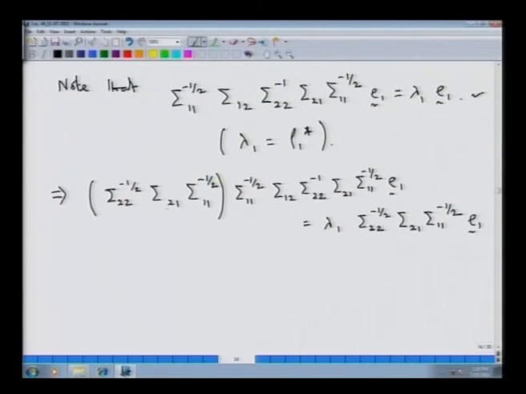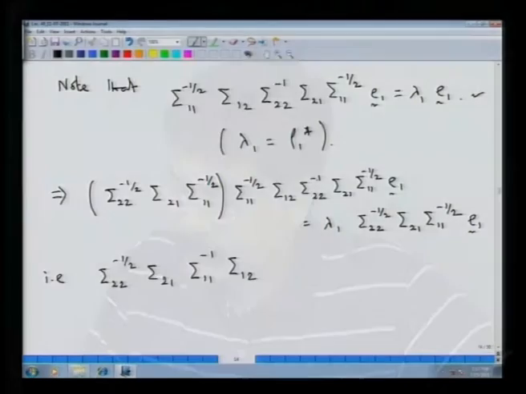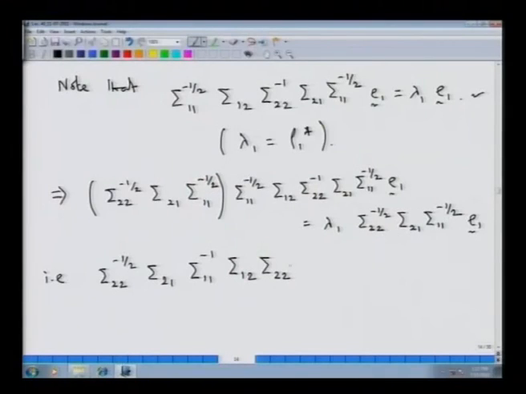E1. Now, let us look at the left hand side here. This sigma 22 to the power minus half, sigma 21, and this expression is sigma 11 to the power minus 1. We take the next term also, sigma 12, and split this particular term in terms of sigma 22 to the power minus half and another sigma 22 to the power minus half. So, let us write this as sigma 22 to the power minus half times whatever is left.